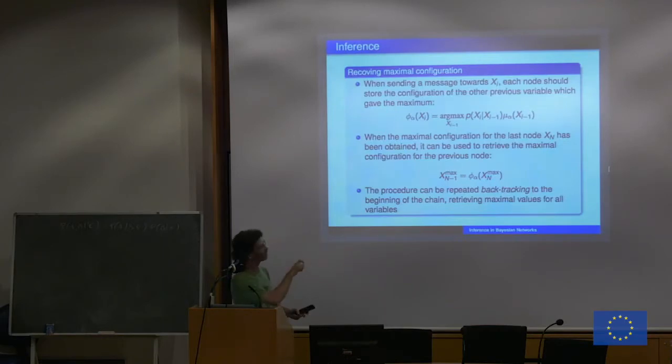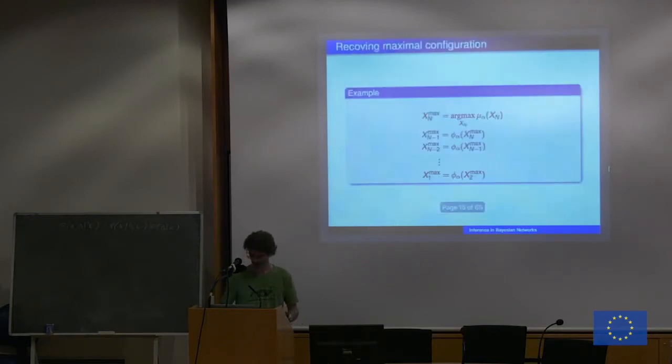So there is this kind of backtracking procedure which recovers the best configuration by reading the best configurations of the previous steps, given that the following step has been decided. So this is how it works in terms of sequence of steps. The last best configuration is just obtained maximizing the last message.